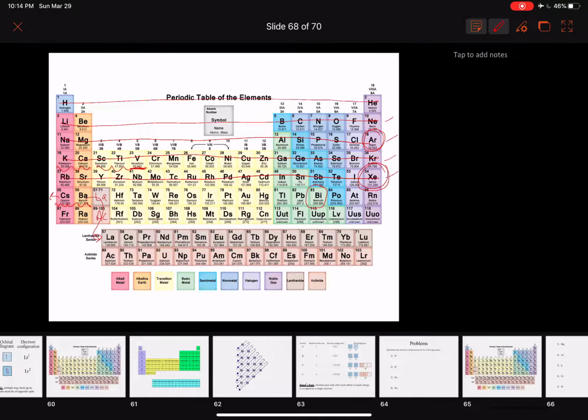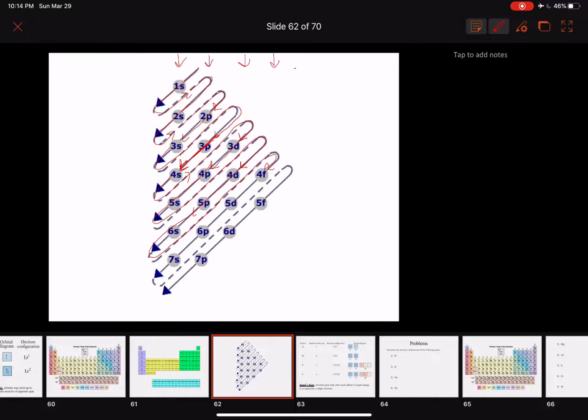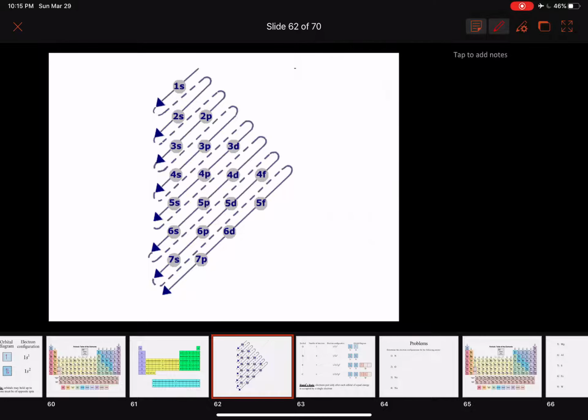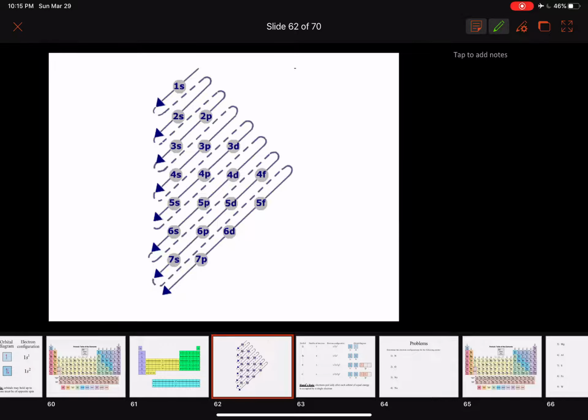Well, I would suggest you look at this chart right here, especially this one that shows us that once we go through 6s right here, we're going to go into 4f.